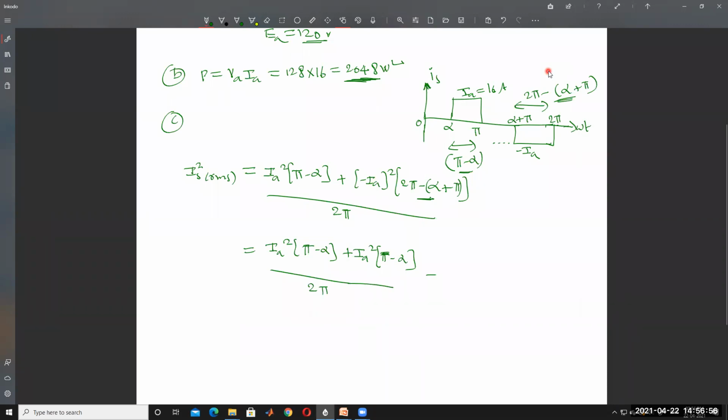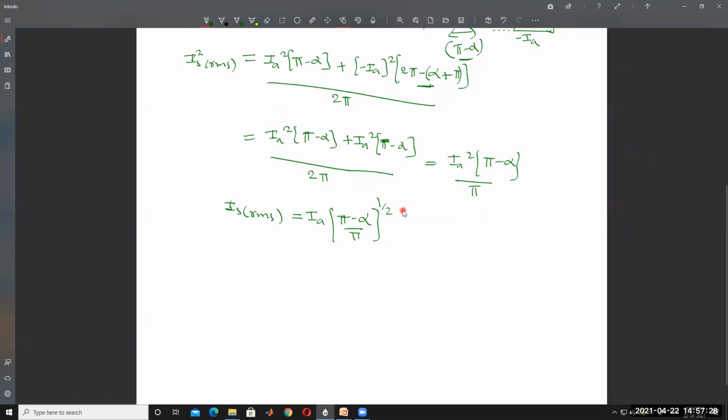So you will get IS square into pi minus alpha divided by pi, right? Then IS RMS, the RMS value of the source current, is equal to IA into pi minus alpha divided by pi, whole to the power of 1 by 2.